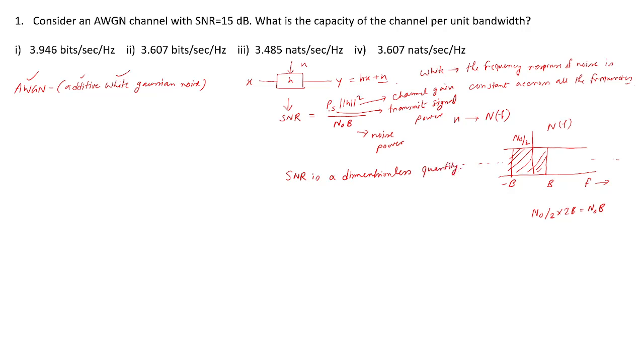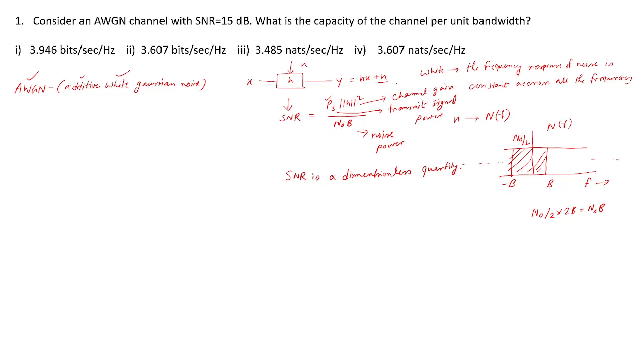Let me explain again. PS has the dimension of watt, channel gain is a scalar, it's dimensionless, just a multiplicative factor, and N naught times B is again noise power, whose unit is again watt.